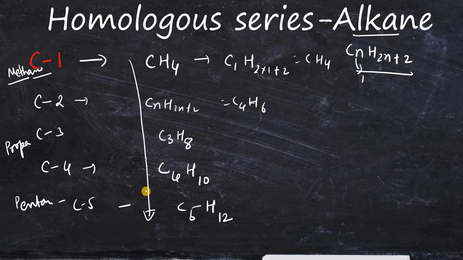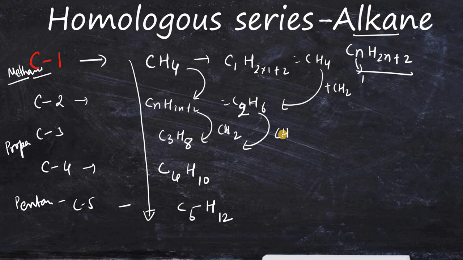Now if you look at this series, what difference do you observe as you go down? At each step, there is an increase of CH2, right? Like here you have CH4, now C2H6. If I add CH2 here, it will become ethane. Moving further from this to this, I need to add one CH2, and it becomes propane.